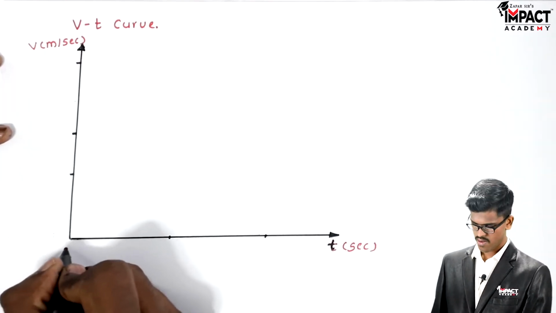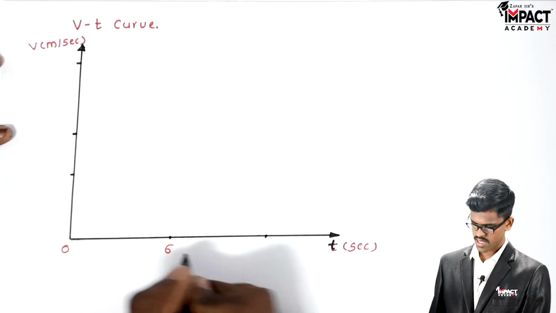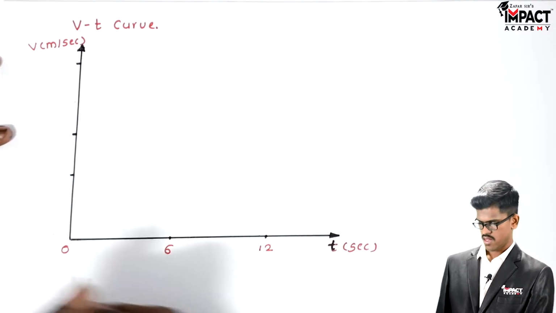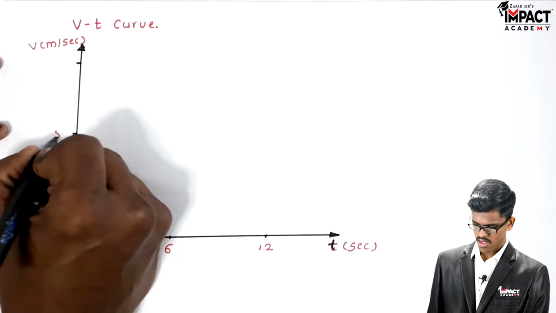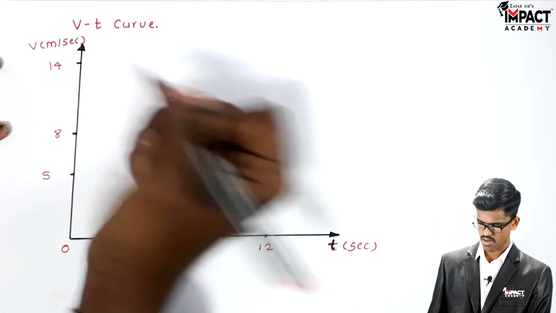So time is 0, 6, 12, and velocities are 5, 8, 14.